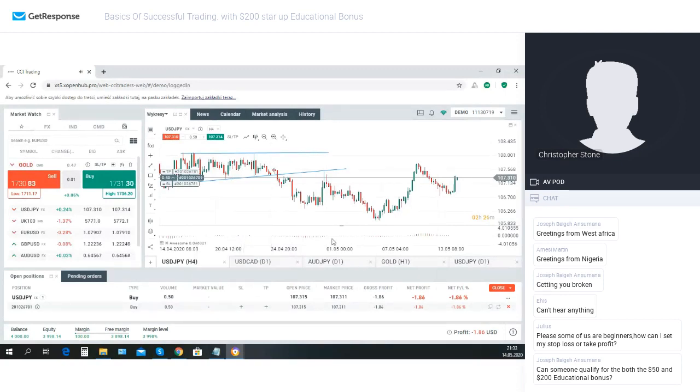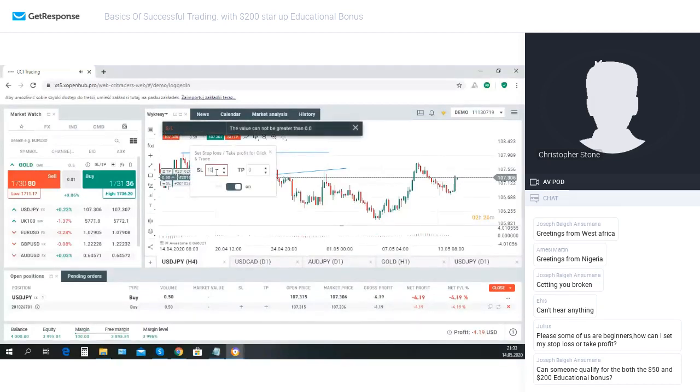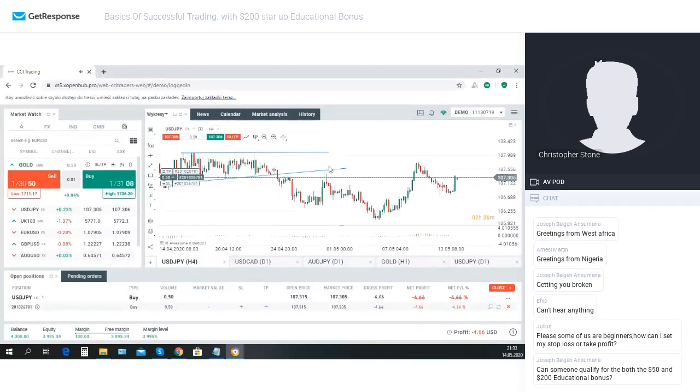Okay, so there is one thing. You can also set stop loss just by dragging it with the mouse.